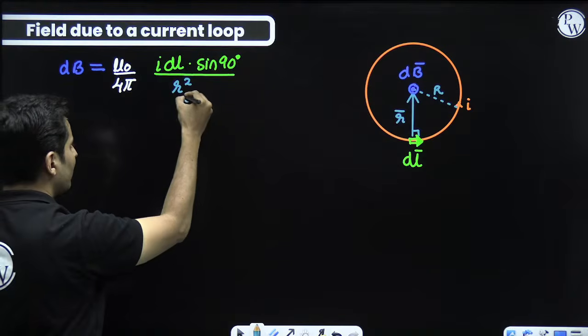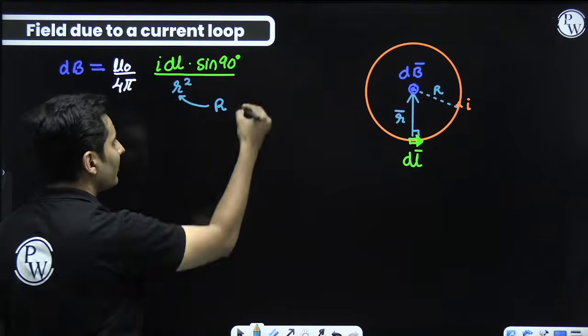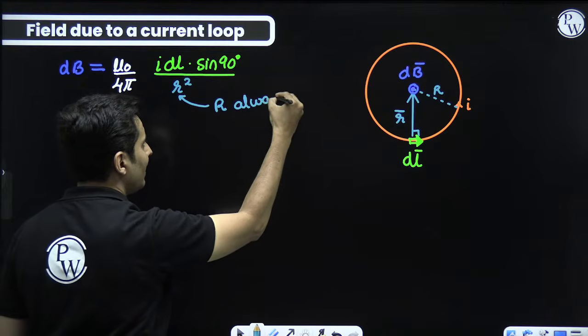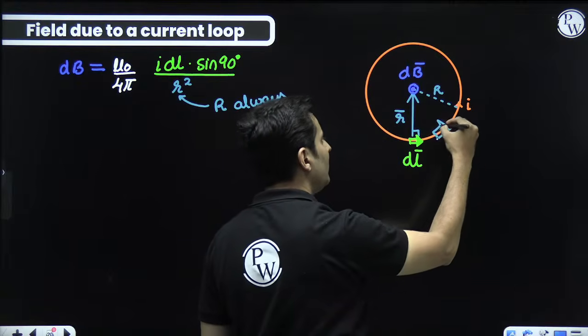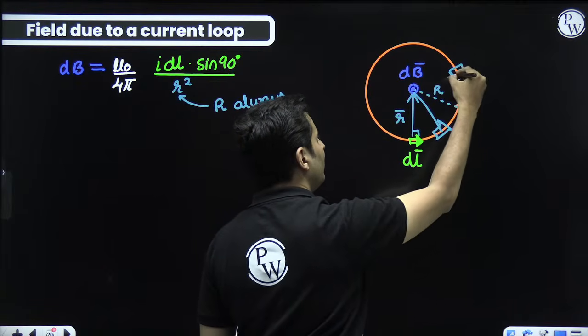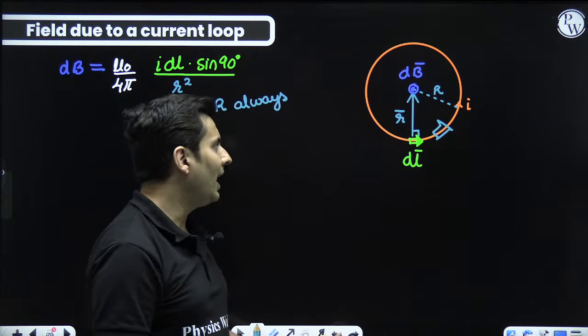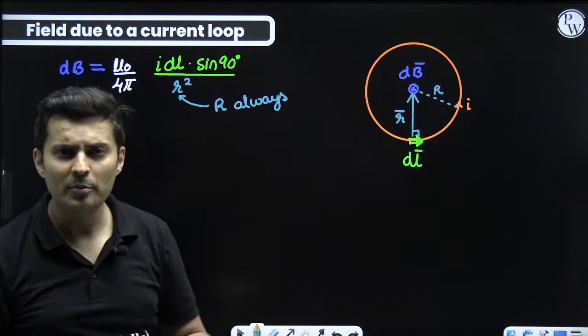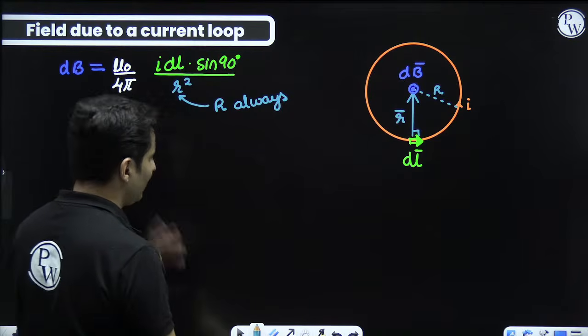But guess what small r is? It is always R, no matter where you take the element. Even if you take the element here, it is R. Even here, it is still R. So small r is always the radius of the loop, which is a good thing because now everything in this is a constant except for dL.